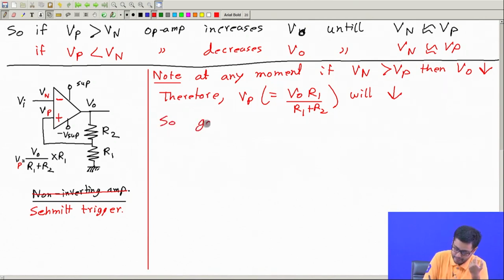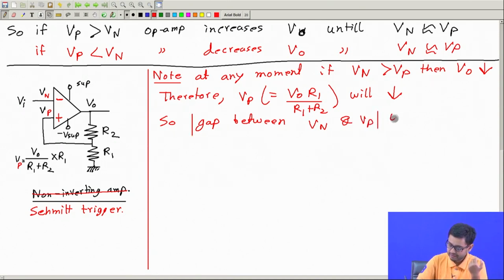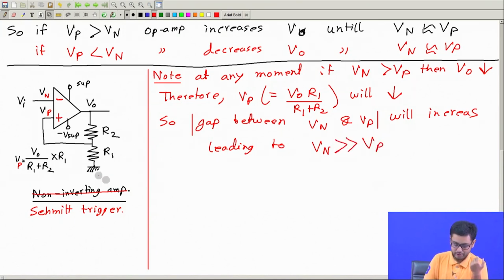Then the gap between Vn and Vp will increase further, leading to Vn becoming more and more greater than Vp, because Vp is decreasing.